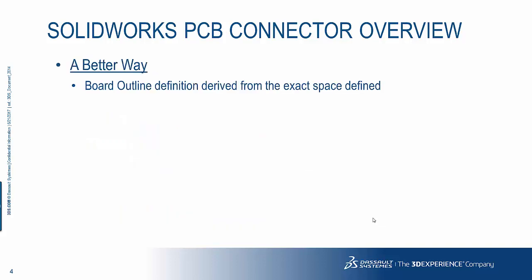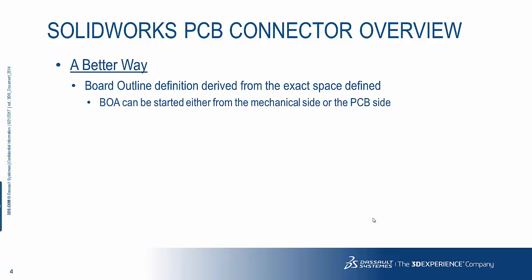There's definitely a better way. You can start the design, the board outline definition, either in the mechanical space or the printed circuit board design space, and it can be derived from the exact space within which that board will need to be placed. The board outline can be started in either environment, changes can be made in either environment, but it's always with respect to the exact requirements.